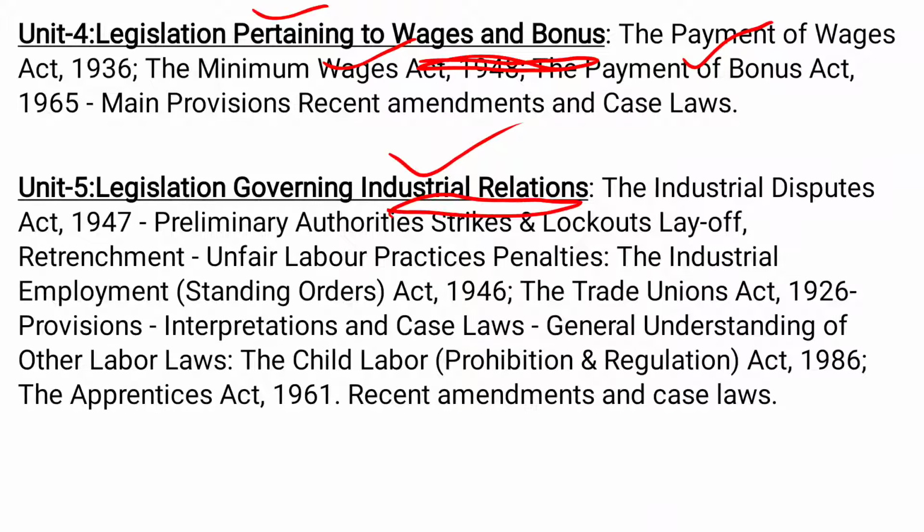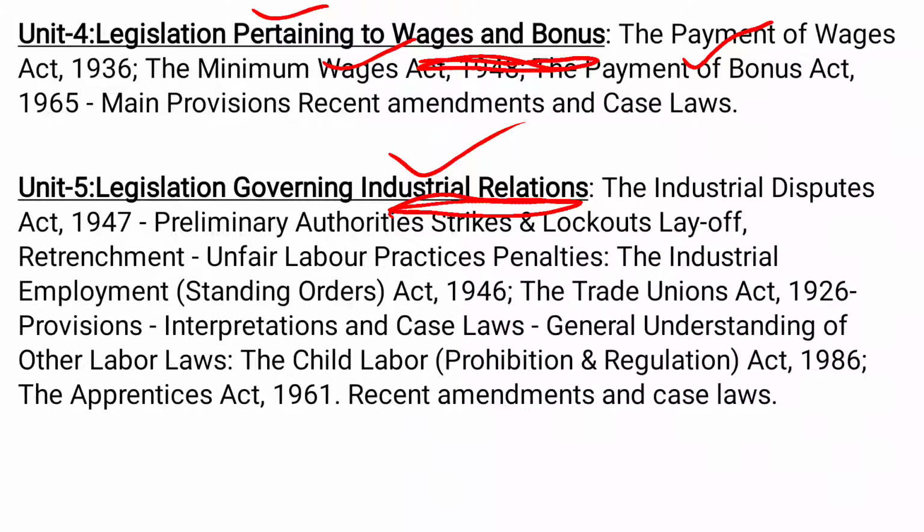industrial relations. Here it is mainly related to the relations among the employees and employer, then employees and the trade union, then employer and the trade unions, that you are going to study. Mainly the healthy relations, how the relationship can be maintained among the employees, employer and the trade unions.